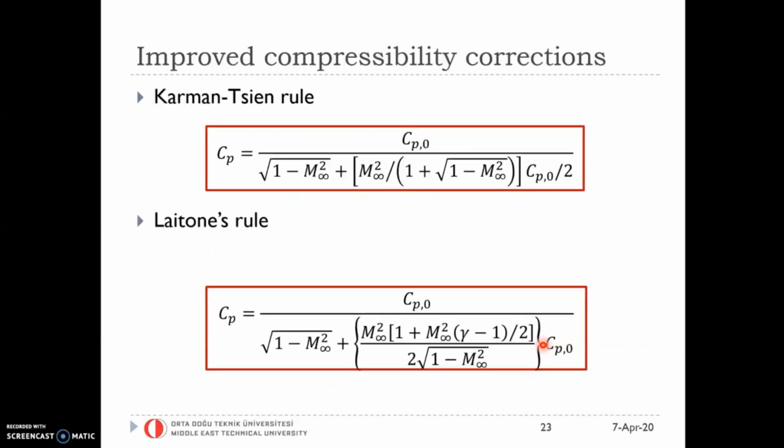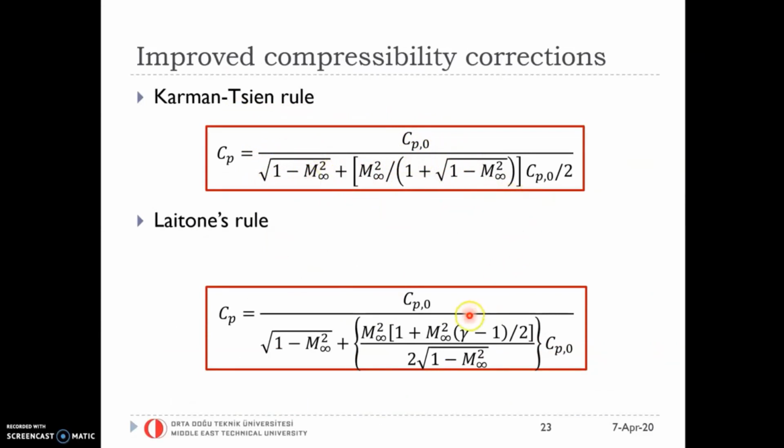Okay, there are also some improved compressibility corrections like the Karman-Tsien rule or Laitone's rule, and in these corrections you again have the incompressible pressure coefficient and some factor that is also a function of Mach number.